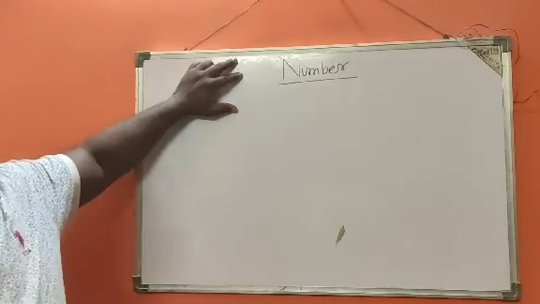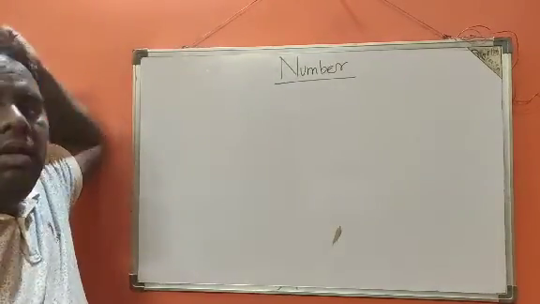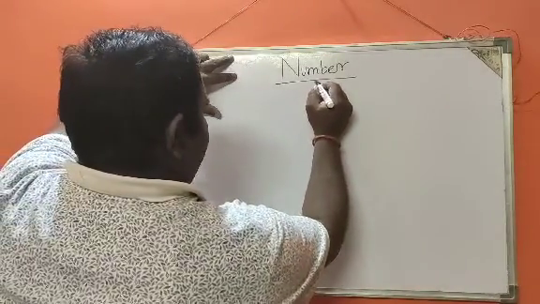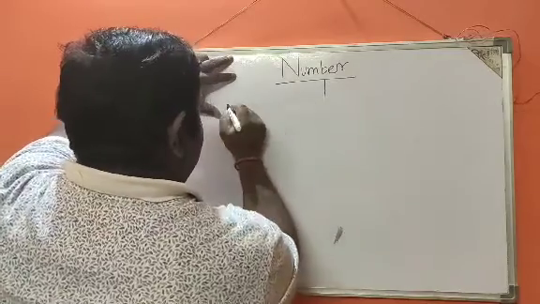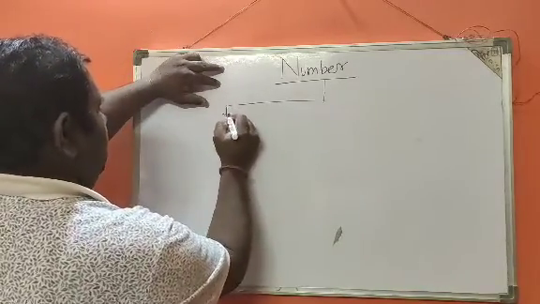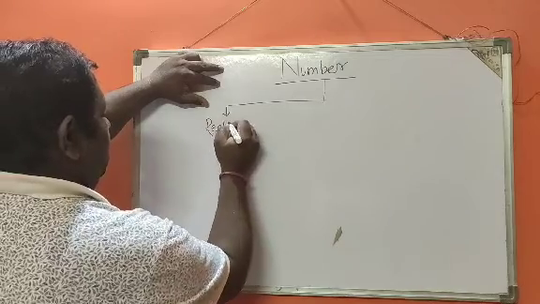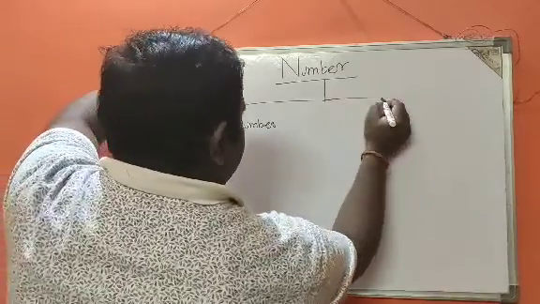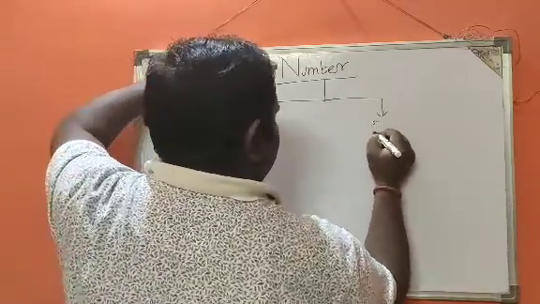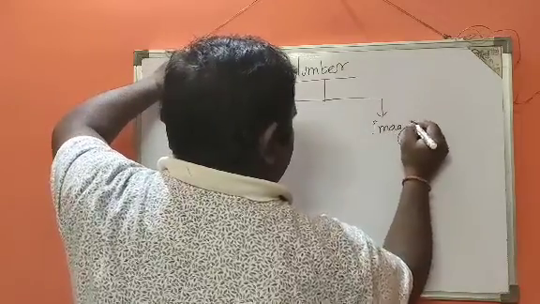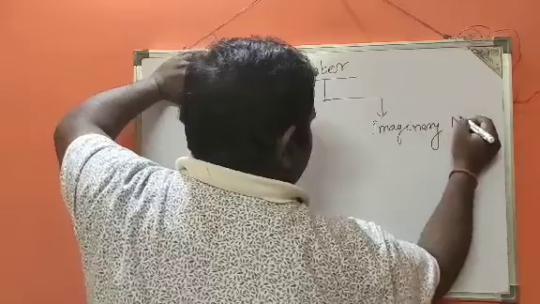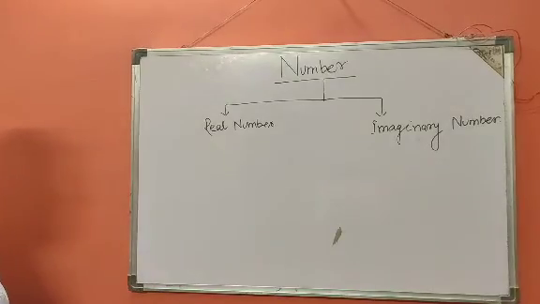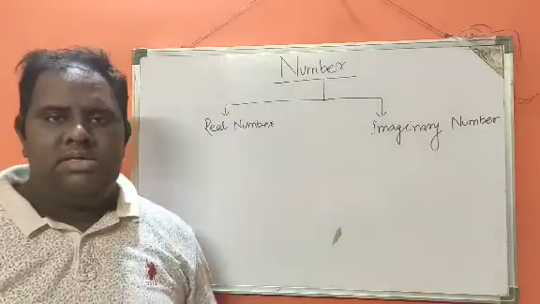Actually, there are two types of number. Only two types of number are there. First one is real number, and the other one is imaginary number.